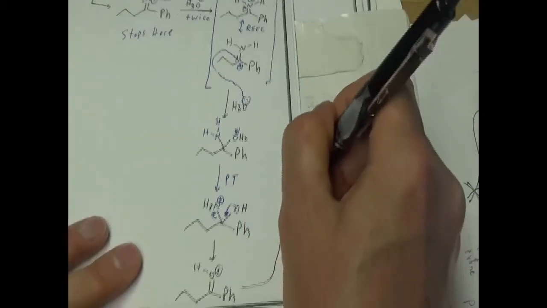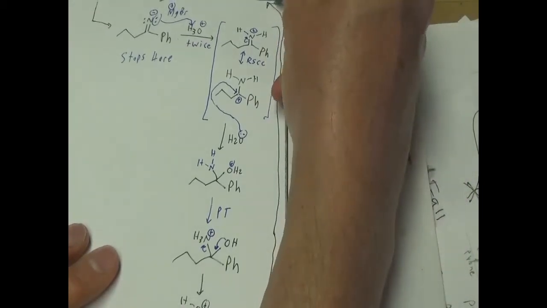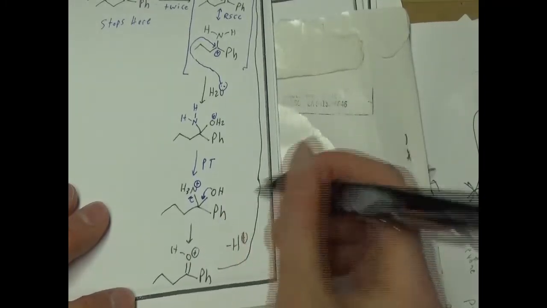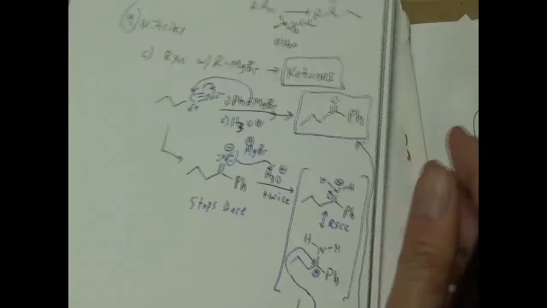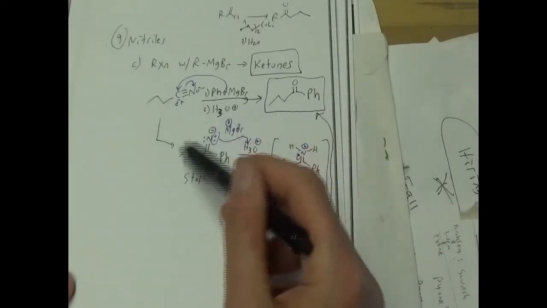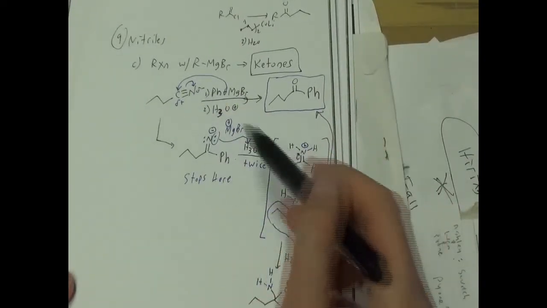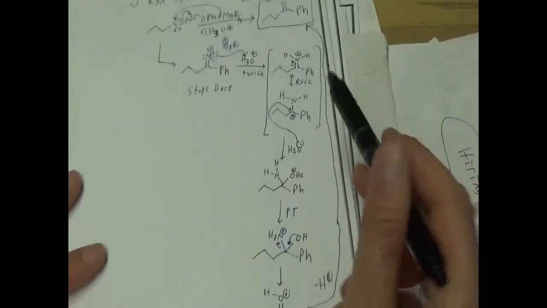All we've got to do is go all the way up top with a minus H plus, the loss of the proton on the oxygen, and then we get the ketone. If you do this in your notes, I would recommend rather than doing what I did, this silly little loop, you should go more like this, and then you're up there, and you don't have to do this weird, long minus H plus thing.